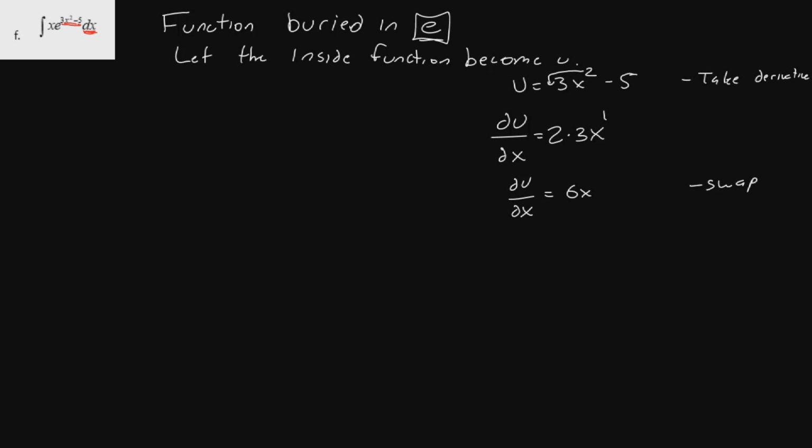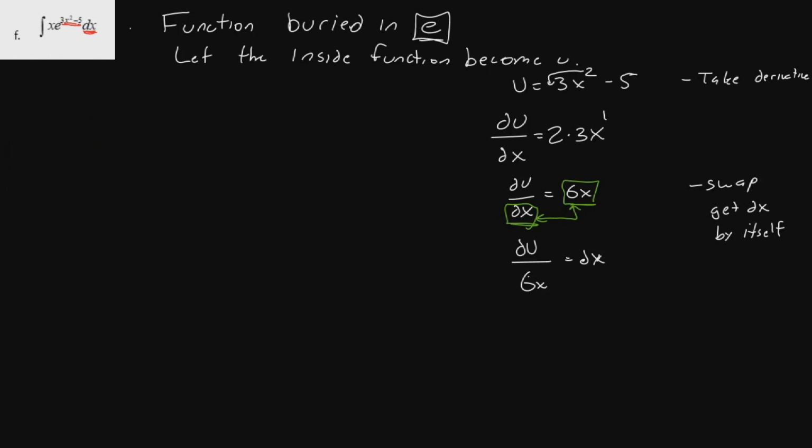Then we can do a swap to get dx by itself. So I'm going to take the dx that was down here and the 6x that was here and exchange their positions. So we'll have du over 6x is equal to dx. Now let's make the changes to this integral.